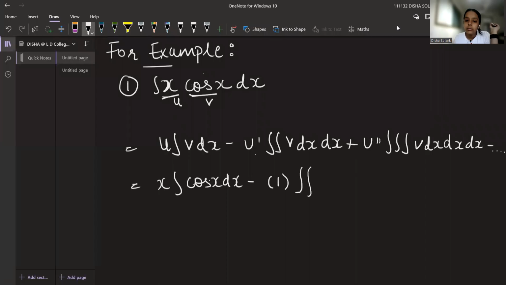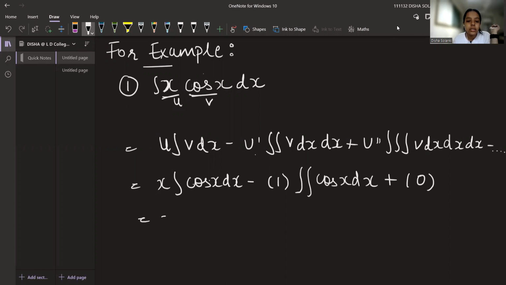So I will put the values as it is. V is cos x dx plus, now the derivative of 1 is 0, as you all know. So from here our series ends. No need to go on further.